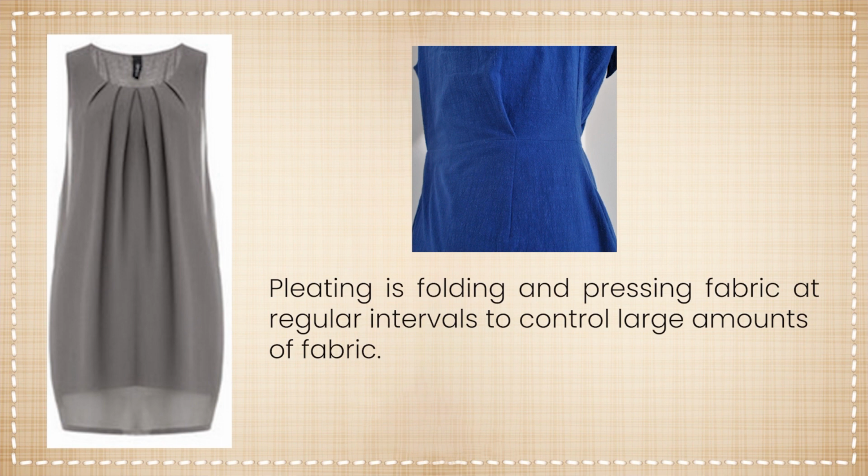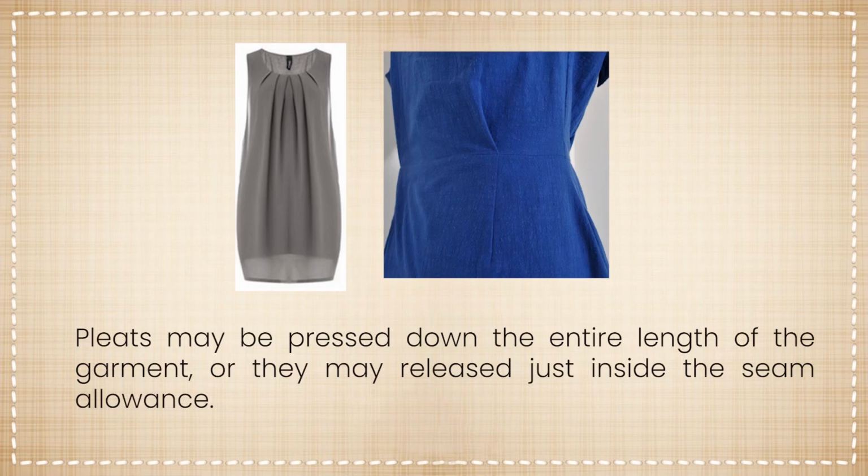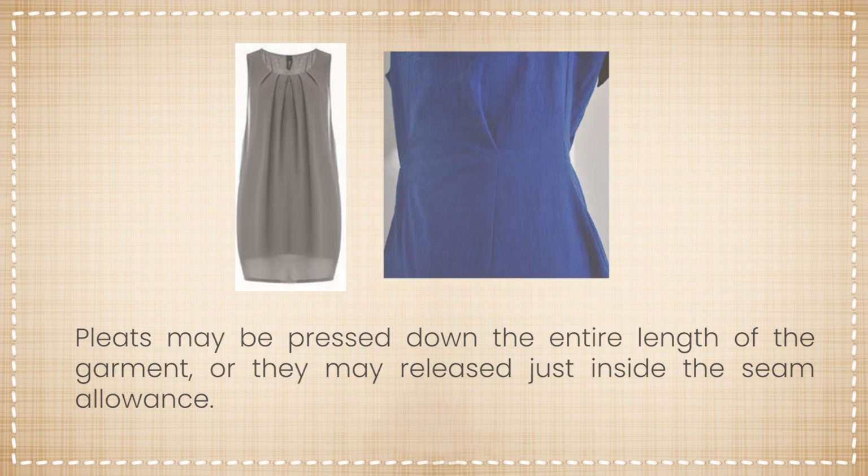Pleating is a folding and pressing technique where the fabric is folded and pressed at regular intervals to control large amounts of fabric. Pleats control a minimum of double the amount of needed fabric and sometimes as much as 4 to 5 times the amount. Pleats may be pressed down the entire length of the garment, or they may be just released just inside the seam allowance. Let's understand the various pleat types.